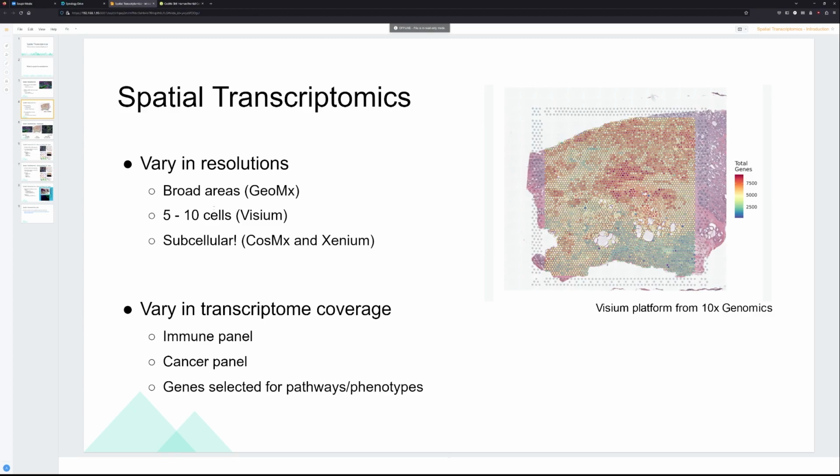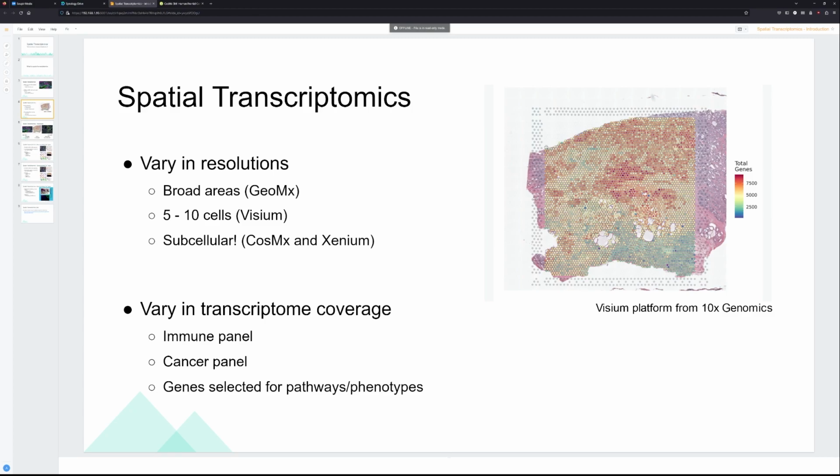It gives you a little bit more flexibility in where you're sampling. Next up, we would have something like Visium. So if we're going up the resolution pyramid, as we get closer to the top, we get more resolution. Here on the right-hand side, we have a picture of that. And you can see each one of these little circles in the sample is going to be another sample that we're getting.